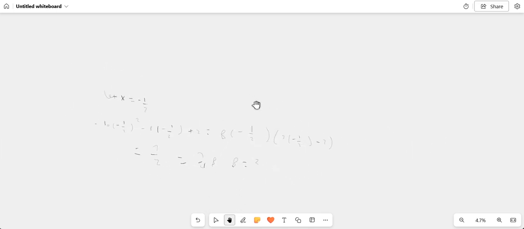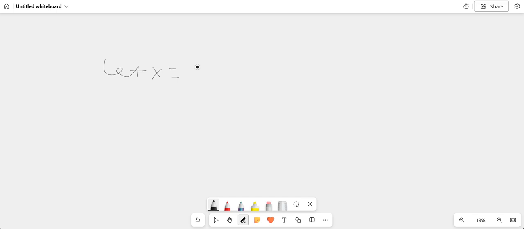Then finally, to eliminate the 3x minus 2 bracket, you need to write 2 over 3. So let x equal 2 over 3. So that's minus 10, open bracket, 2 over 3 squared, minus 8, open bracket, 2 over 3, plus 2, yeah? And that's equal to, the one for A is going to cancel, the one for B is going to cancel, that's the one for C now.